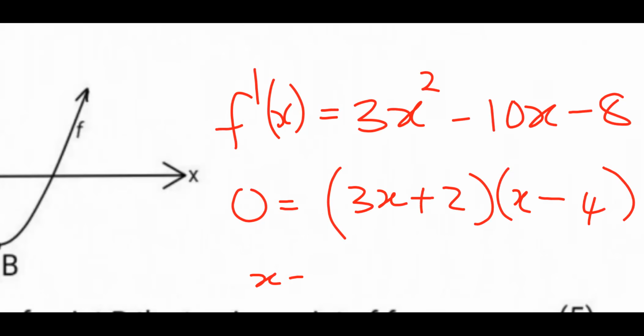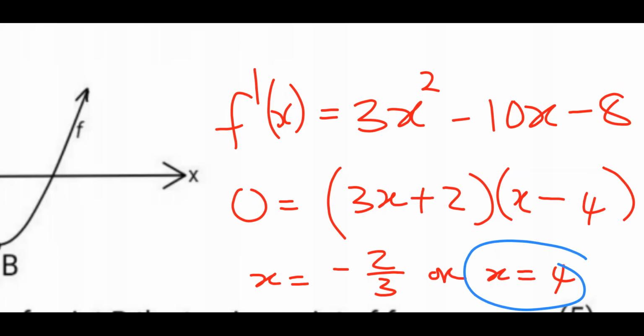So I guess the possible x values is -2/3 or 4. The reason we're choosing 4 as our answer is because it's on the positive side of the graph. So B's coordinate has to be 4.